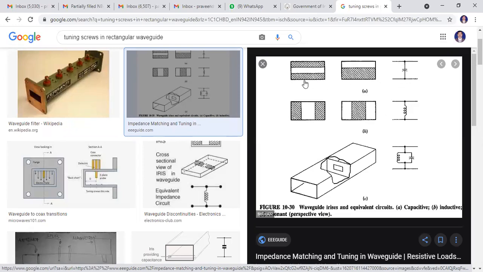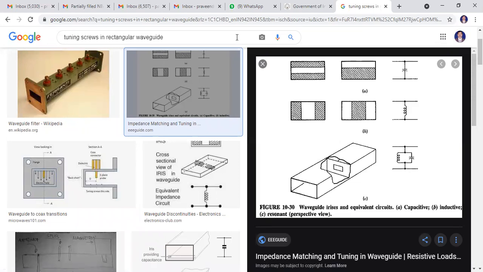On the shorter side, the height side, it is the inductance effect. These are the posts. We have them on both sides, so it is resonant, with both inductor and capacitor effect.